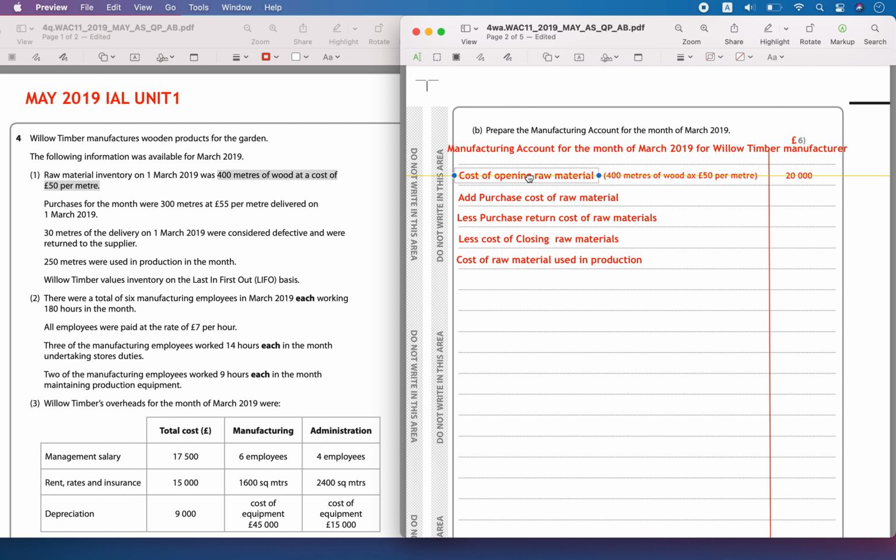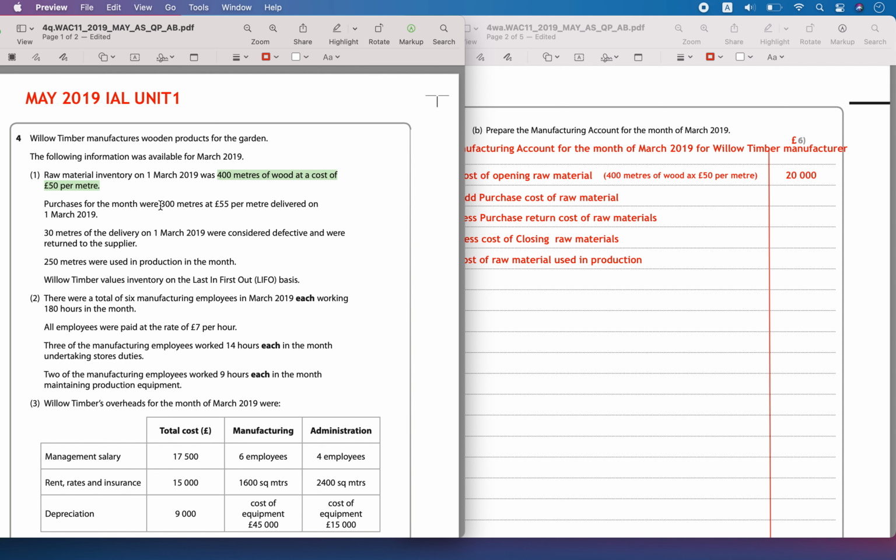Then you have the purchase cost. Let's add what purchases were done. Purchases for the month were 300 meters at 55 pounds per meter delivered.